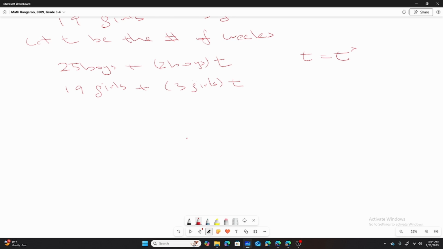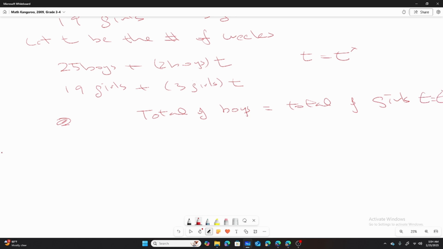So what we could do is just eliminate the boys and girls symbols and say the total number of boys has to be equal to the total number of girls at some t equals t star.